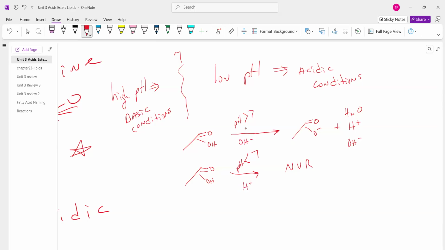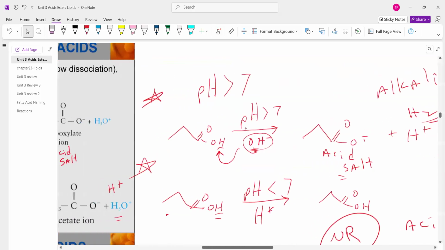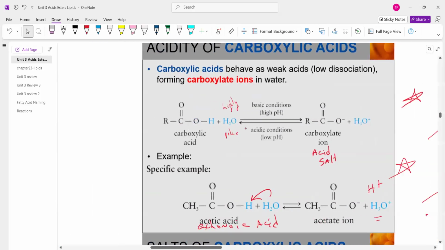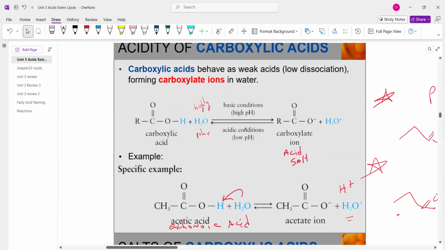Okay, pH less than 7, there's nothing to pull off that hydrogen. And pH greater than 7, in an alkaline or basic environment, this hydrogen reacts with the OH and becomes water. Okay? Make sure you know that. Can you repeat that, please?